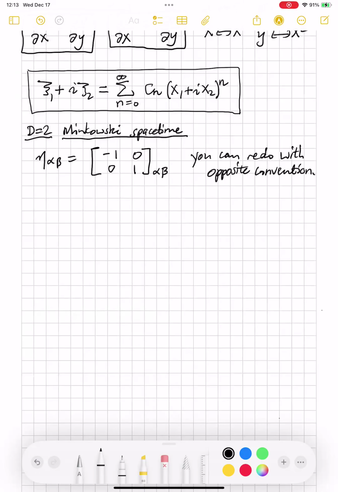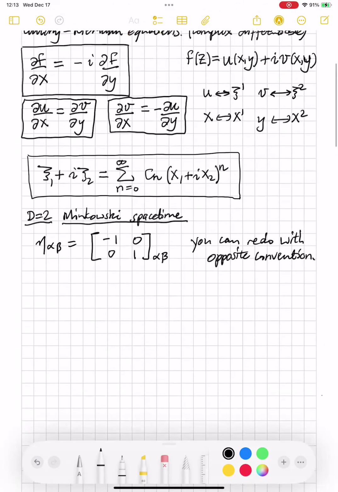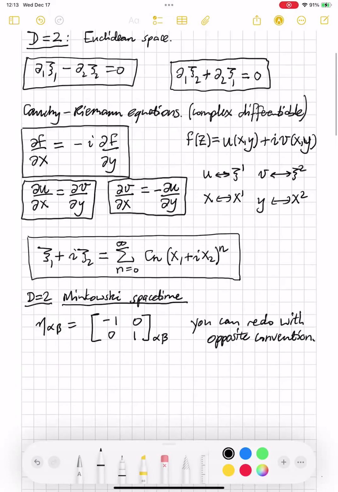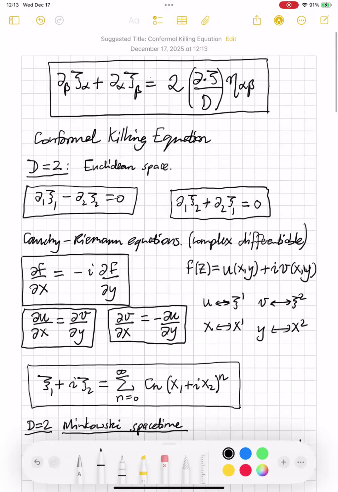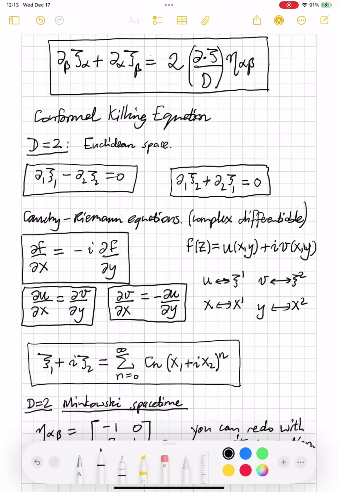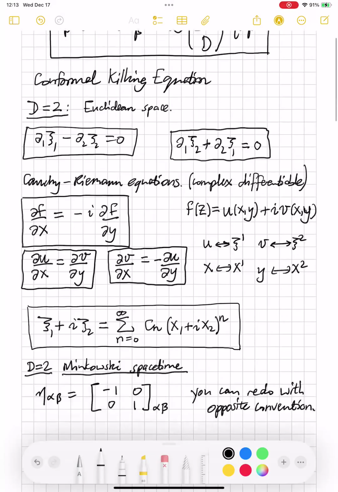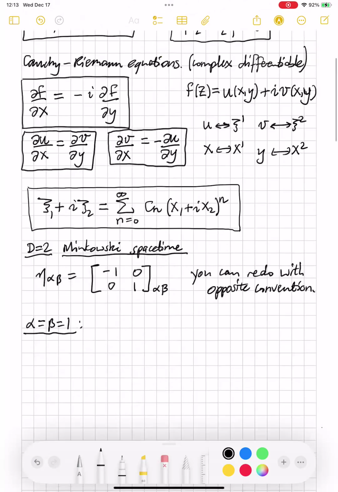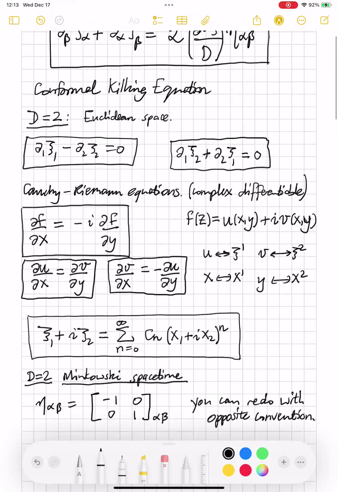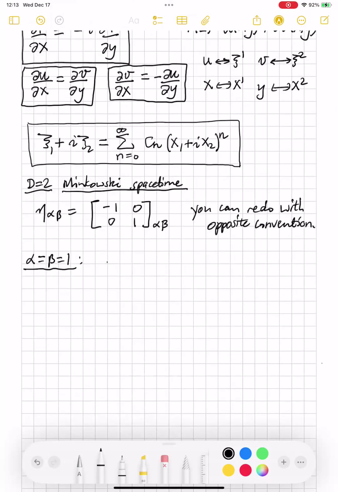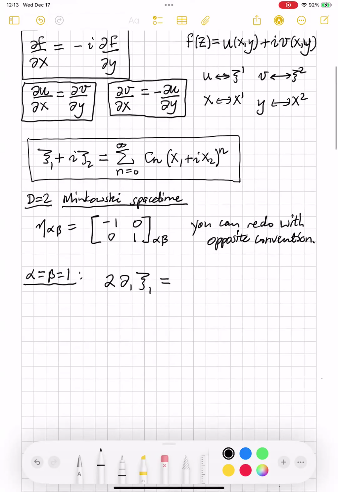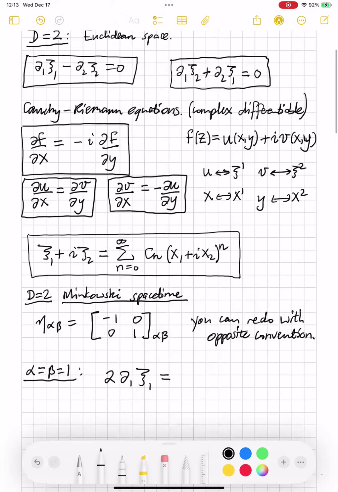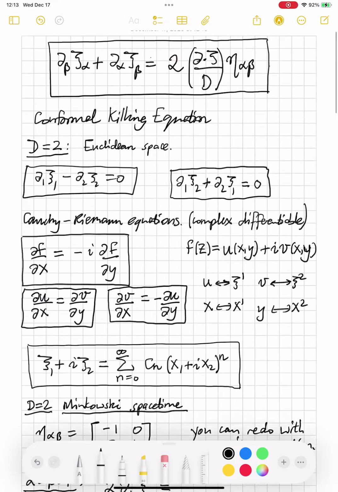Okay, now let's actually take the Killing vector equation. So there it is. We again have d is equal to 2, so the 2 will cancel with d. And let's just write down what this equation is. If we choose alpha is equal to beta is equal to 1, then it's quite clear that the right-hand side becomes 2 d1 d1. So we get 2 d1 zeta 1 is equal to, the 2 over d will cancel, and we've got d dot zeta. So let's just write down what d dot zeta is.